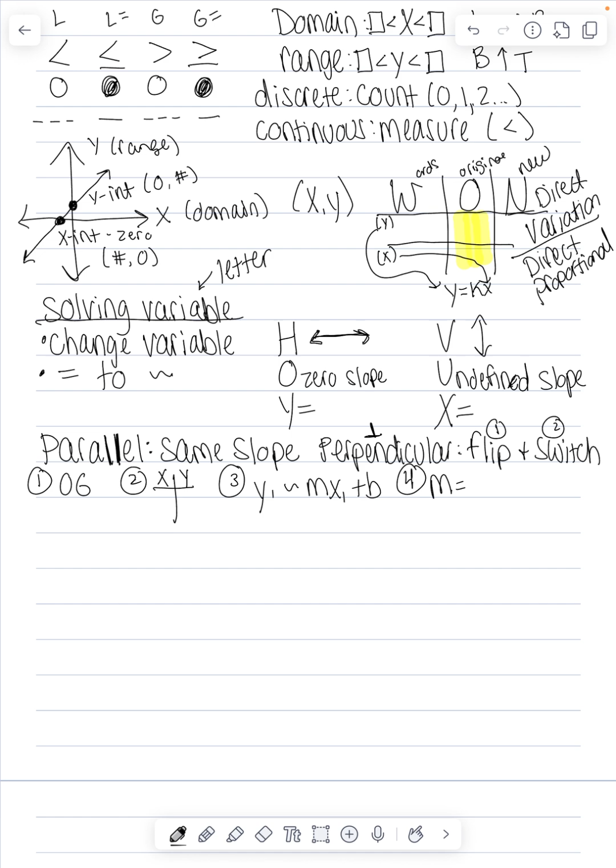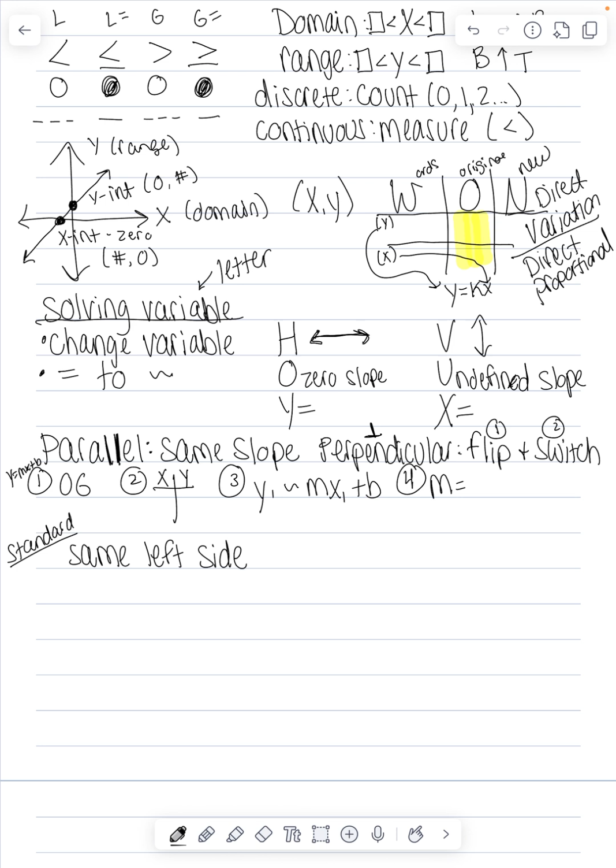Now, if it's in standard form, parallel is going to have the same left side, where for perpendicular, we flip and switch the A and B values. So just make note of that. If you want to add that to your brain dump, I'll add it here. This is for slope-intercept form, and then standard will be the same left side.